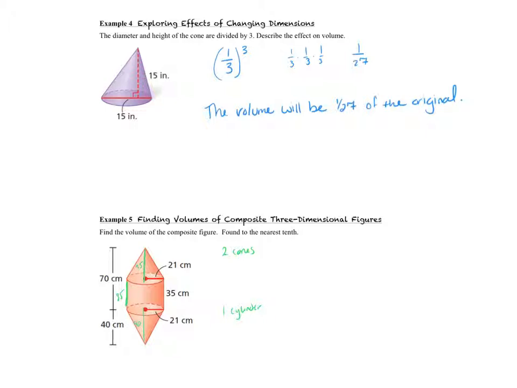The formula for the cones is V equals 1/3 capital BH because they come to a point, whereas the formula for a cylinder is V equals capital BH. So we have to be careful of that. Okay, so for the first cone, I'll call that a little 1 for the first one. This is my first one, the top one here.